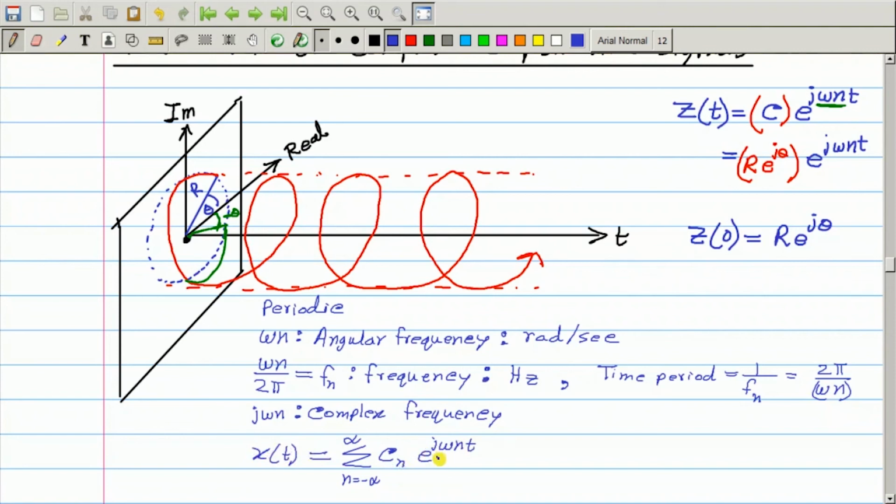First harmonic, second harmonic, etc., depending on the value of n equal to 1, 2, etc. So using complex Fourier series, almost any periodic signal with arbitrary shape or pattern can be written as a sum of periodic complex exponential signals with different angular frequencies omega n, where n runs from minus infinity to plus infinity.